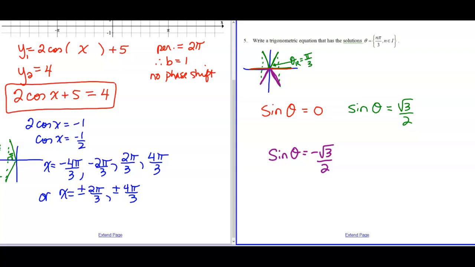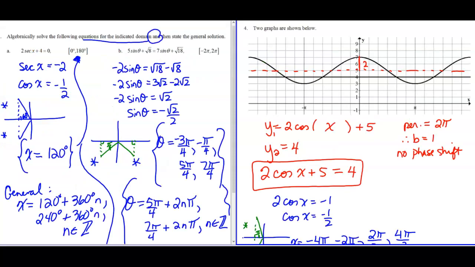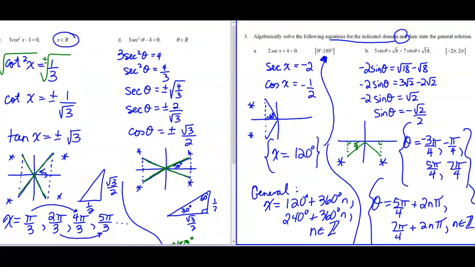Now what do I do? These are opposite in sign. So if you look back at the ones where we had positives and negatives, where was it? Back here, we got positives and negatives. So that means we have the trig ratio squared.